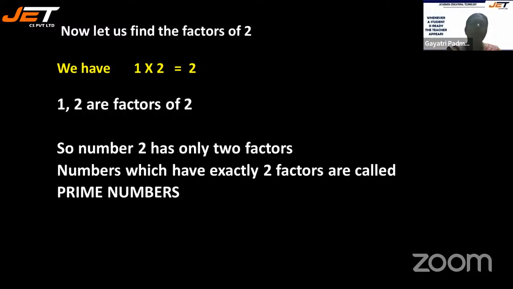For example, let us take 17. 17 is a prime number. What are the factors? Will 17 be divisible by any number? No. It is 1 7s are 17 or 17 1s are 17, that's all. So, that has only 2 factors. That is called a prime number.